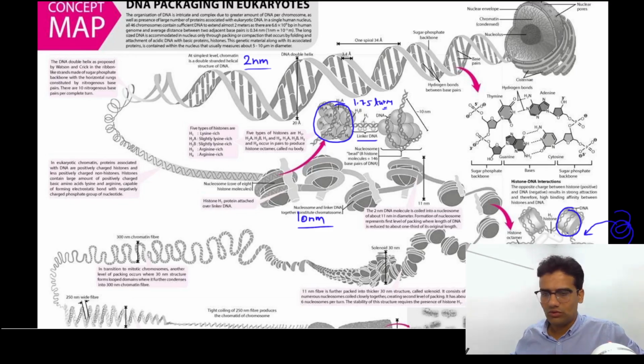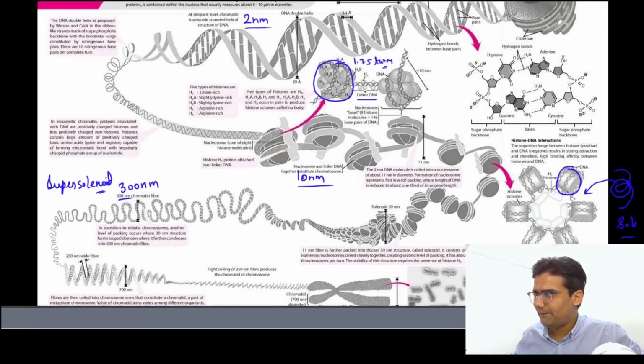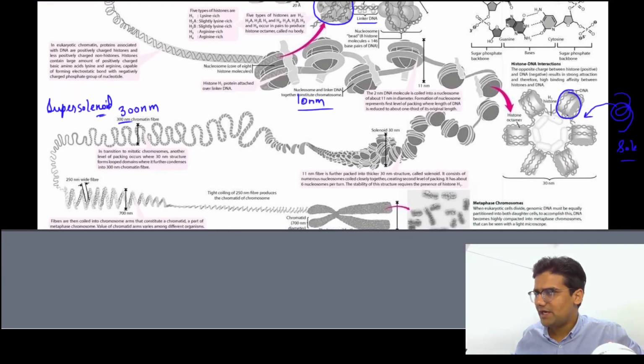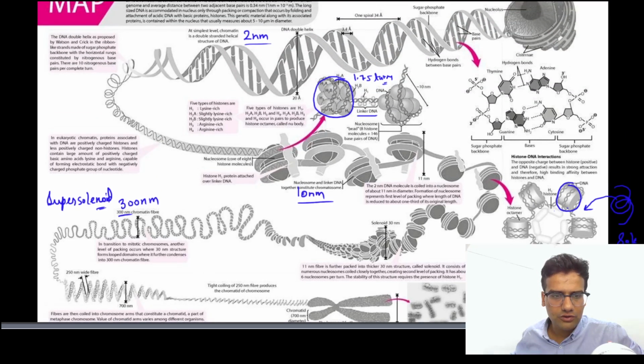Further, this solenoid model is converted into a super solenoid structure, which is a 300 nanometer fiber. This super solenoid is then packaged into a higher level of packaging, which we call the chromosome.